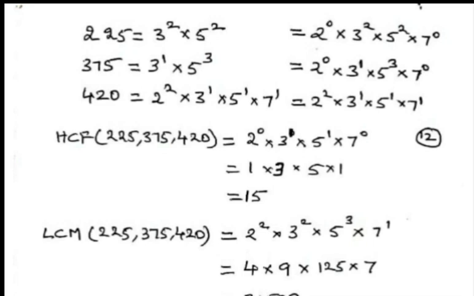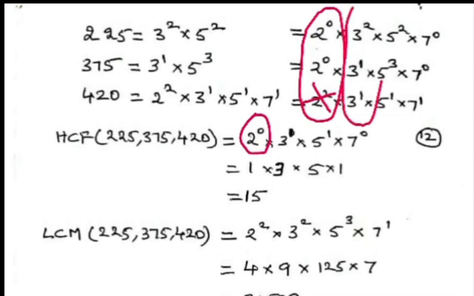Now we try to find the HCF and LCM of the three numbers. To find the HCF, we have to consider the prime number with the least power. The prime number with the least power is 2 power 0. Now in these, 3 power 1 and 3 power 2, the least power is 3 power 1. So 3 power 1.